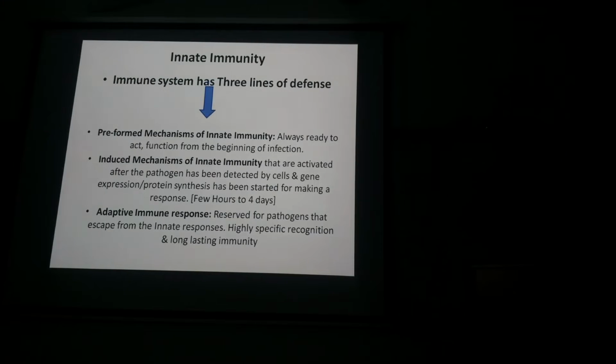The cells of the innate immune system that we are talking about. So if all these strategies have failed, then the immune system is going to utilize another force, and that is the force of the cells of the adaptive immune system. Okay?